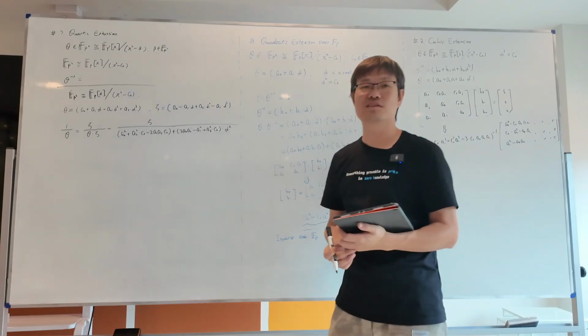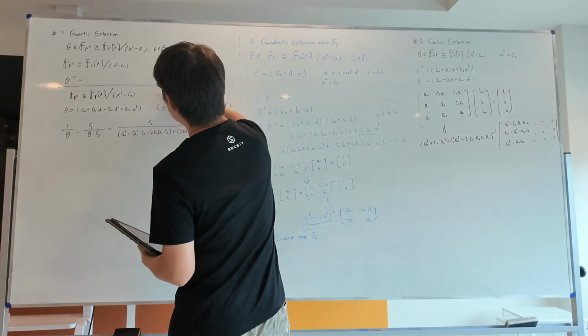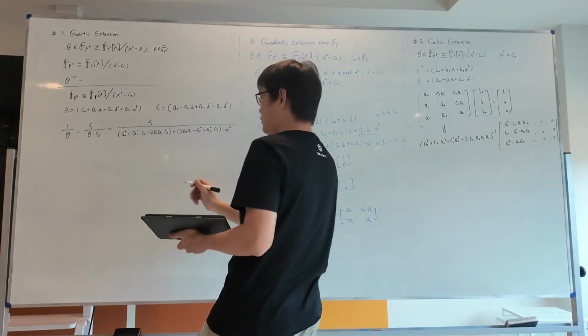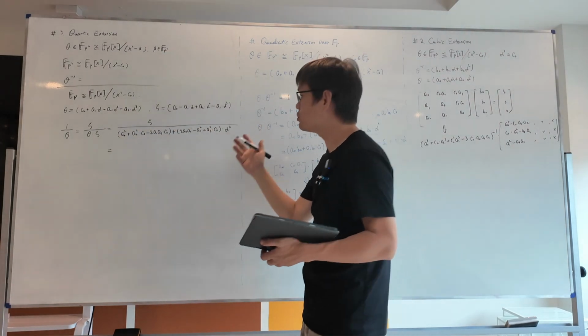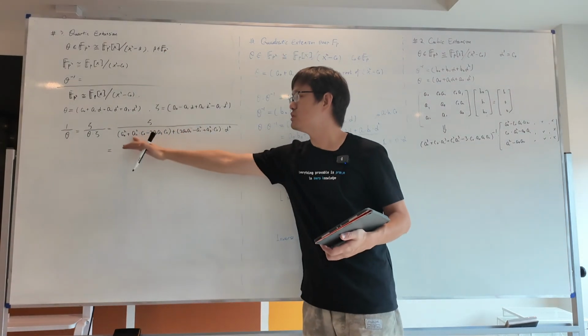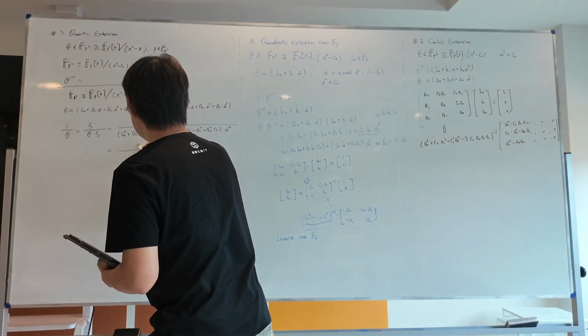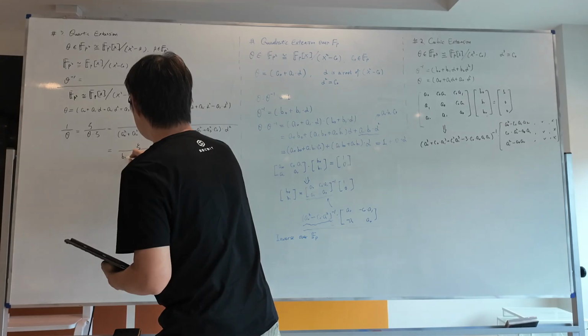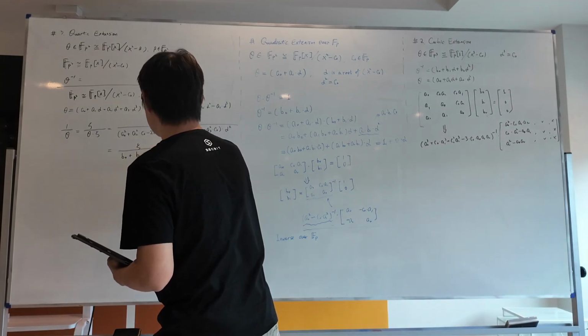Then we introduce another auxiliary element here. For example, let me just introduce two more symbols for these two expressions: zeta equals B0 plus B1 times alpha square.